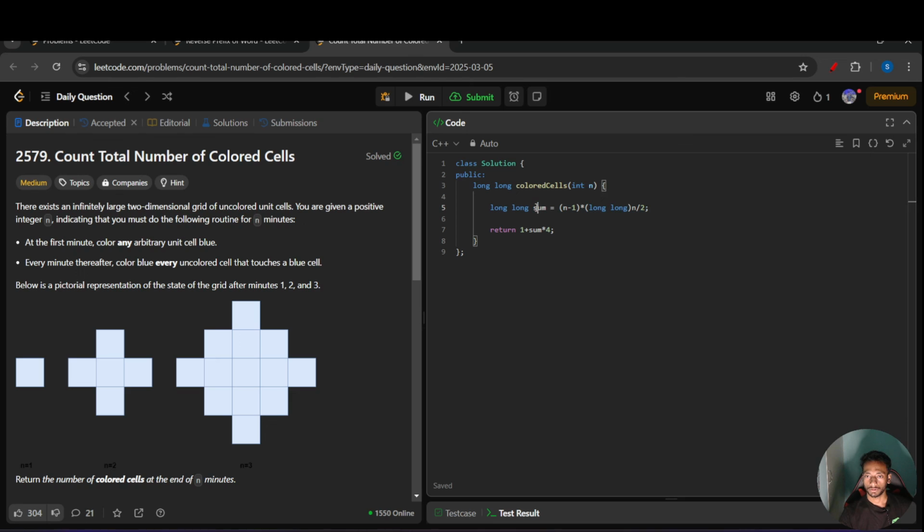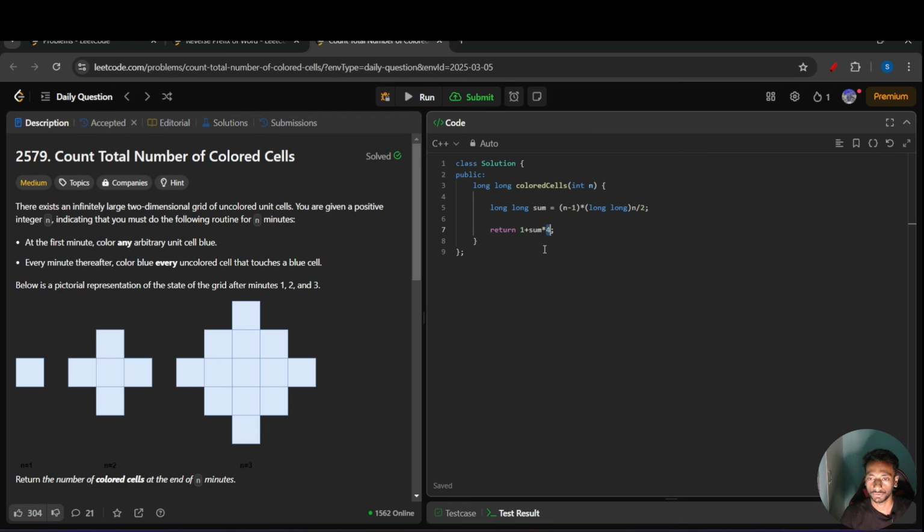Our sum, the total number of colored cells, will be n minus 1 into n by 2, and after that multiply this with 4, because this will be common. 4 will be added, 4 plus 8 plus 12 plus 16 in this way, so that's why I took this 4 common.